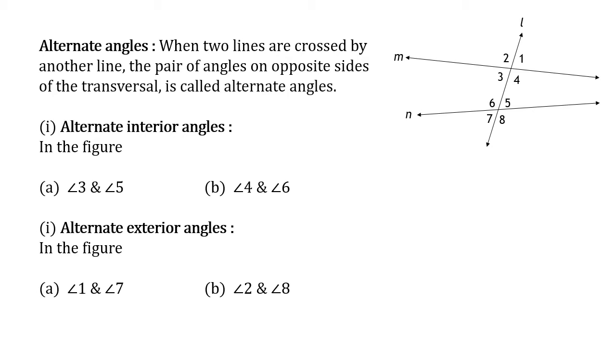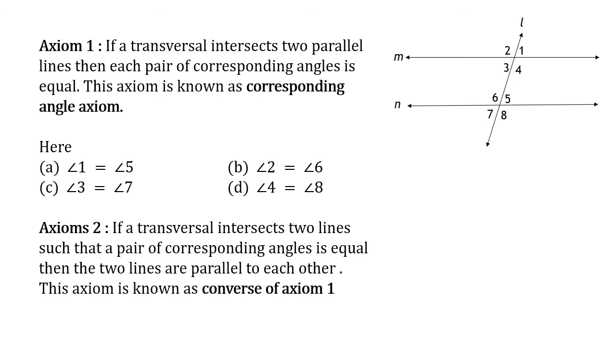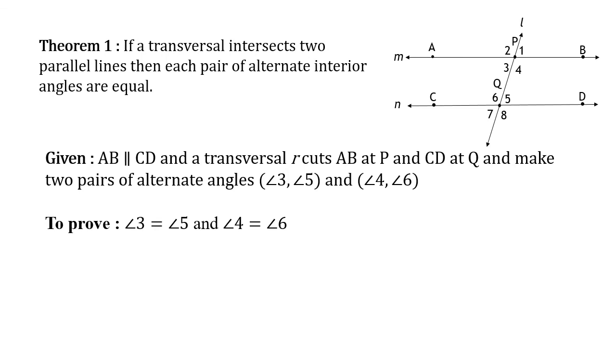The alternate exterior angles are 1 and 7, 2 and 8. The interior angles on the same side of the transversal are 4 and 5, 3 and 6. So the axiom states that if the lines are parallel, the corresponding angles are equal. And the converse, if the corresponding angles are equal, the lines are parallel.